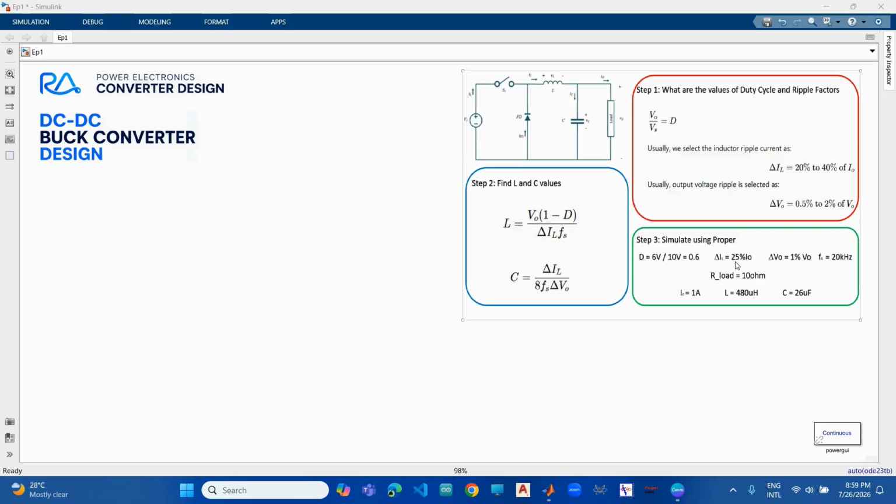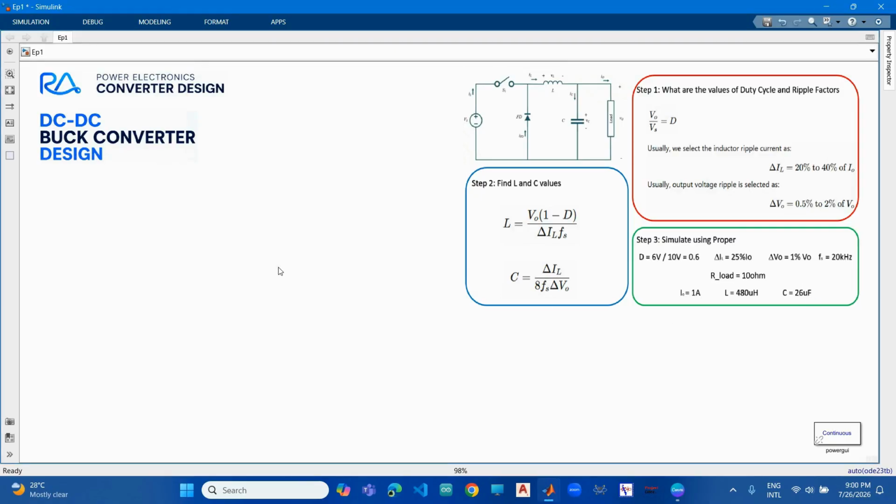And we are considering 25 percent ripple current factor and 1 percent ripple voltage factor, the switching frequency will be 20 kilohertz, and the load resistor will be 10 ohm. Based on these, the output current will be 1 ampere, the inductor will be 480 microhenry, and the capacitor 26 microfarad.